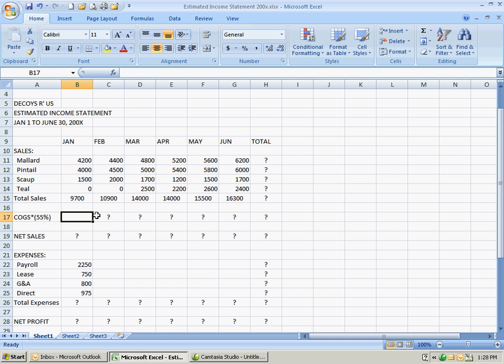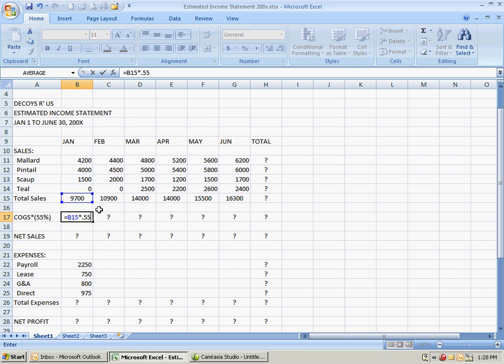We're going to come up with a formula, and this one we have to make ourselves. So we type the equal sign, and using the mouse, we're going to go back up to total sales because we said that was part of the formula. Click on that. Notice it puts B15 times, that's the asterisk, and you can either put 0.55 or type 55 and the percent sign.